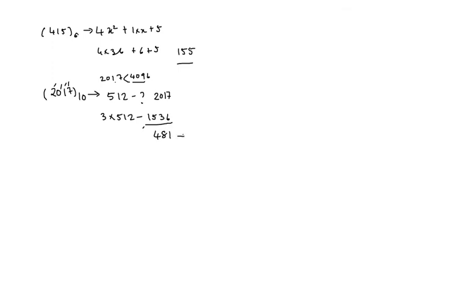From 481, you need to remove powers of 8, and in this case you will remove 64. So how many 64s, right, can you remove from 481? So the answer is 7. 7 into 64, and you can remove 448. Now you are left with 33.